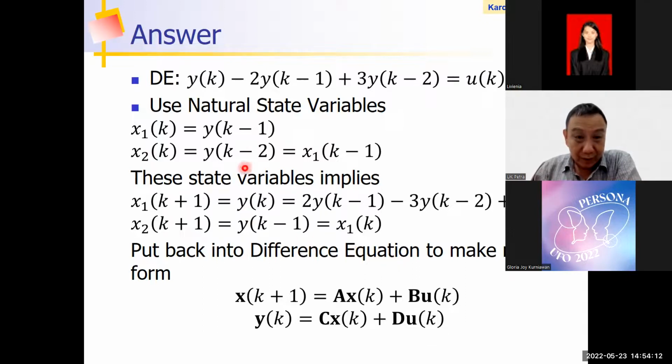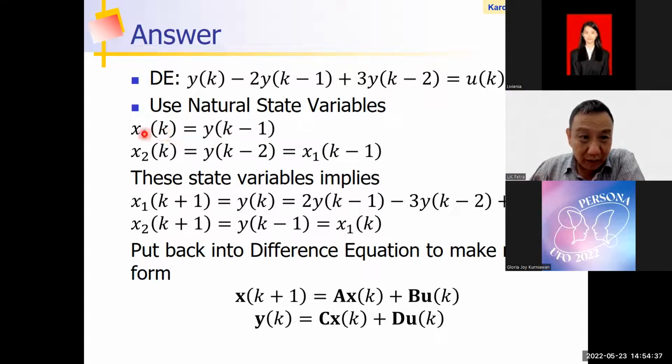So, if you know that x1 equal to yk minus 1, if I add 1 in here, what will we get? x1k is equal to yk minus 1.